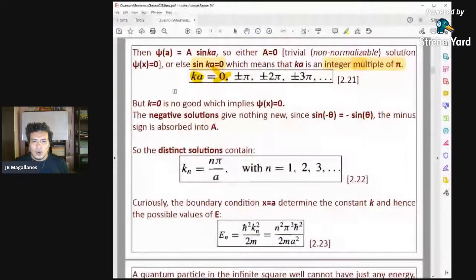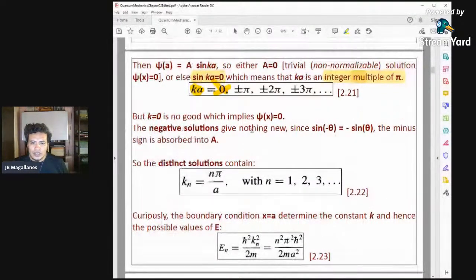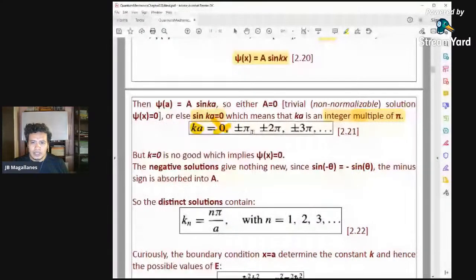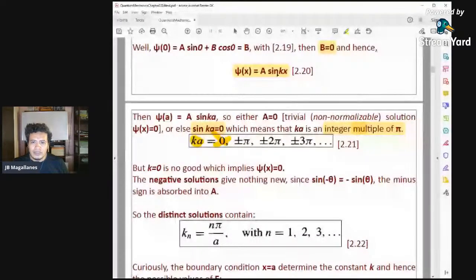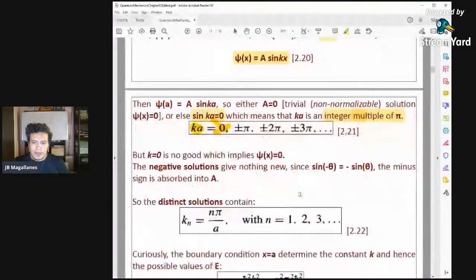By the way, what is the negative solution? You can check sine of negative theta is just equal to negative sine theta. So we can absorb the negative sign into the constant a here. We can absorb the negativity of sine into a. So we can just work with the positive integer multiple of pi.